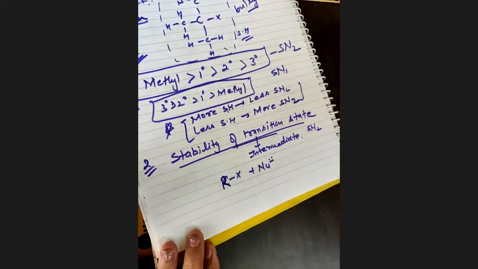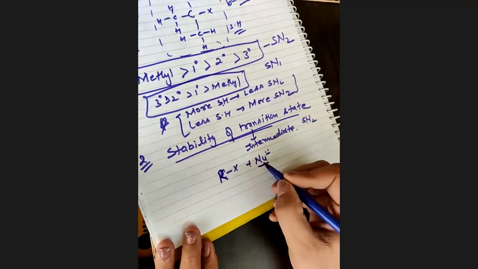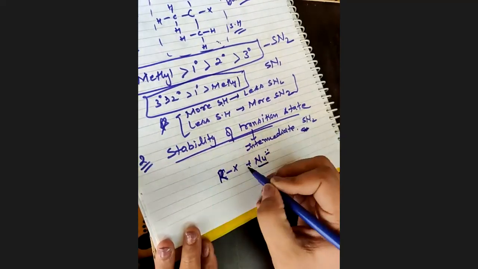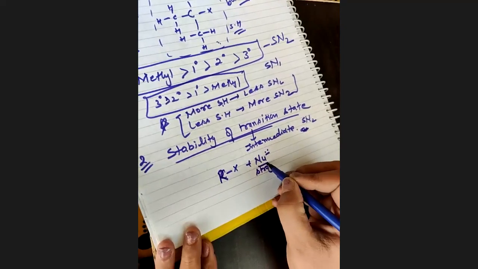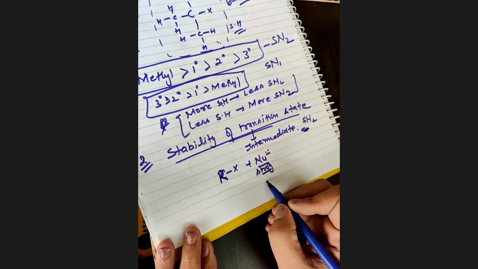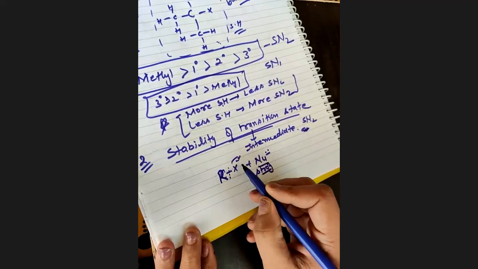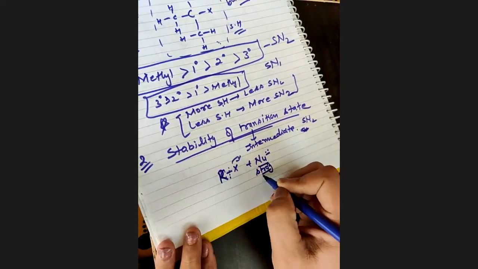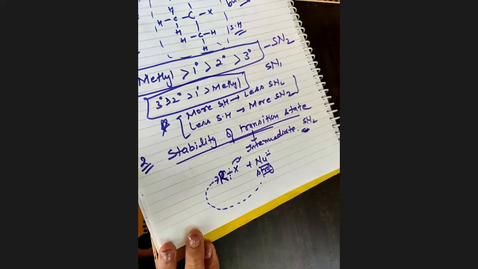So kya hoga? We know this thing that in SN2, this nucleophile is the strongest one. This nucleophile is strong, so it will not wait for this halogen to move out of the compound. Instead of waiting, it just goes from the back side and attacks the alkyl group.